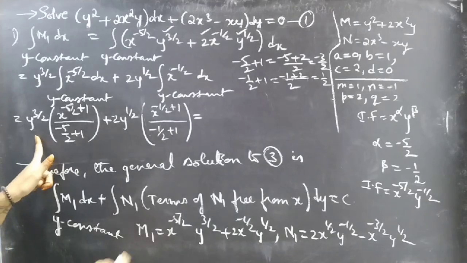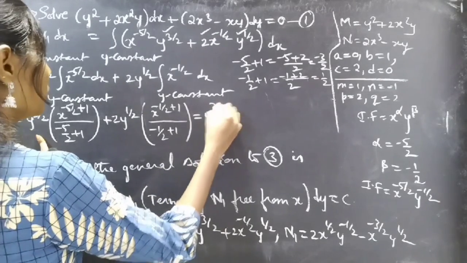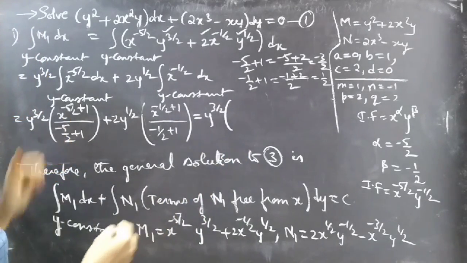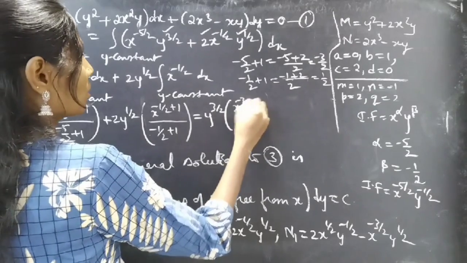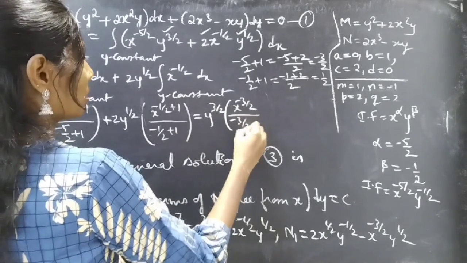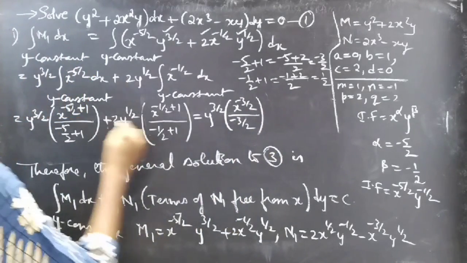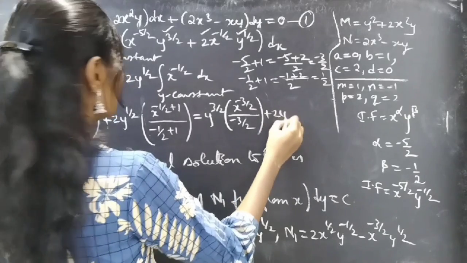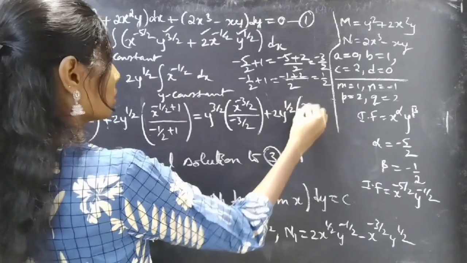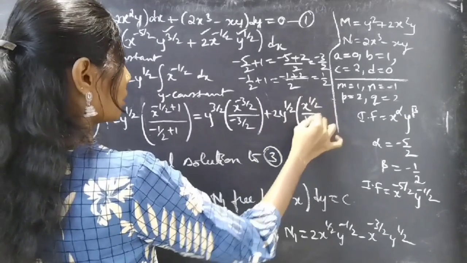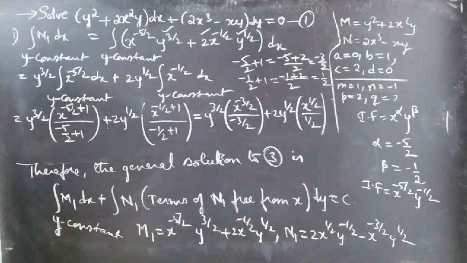So we'll get y power 3 by 2 into x power minus 3 by 2 by minus 3 by 2 plus 2 into y power 1 by 2 into x power half by 1 by 2.